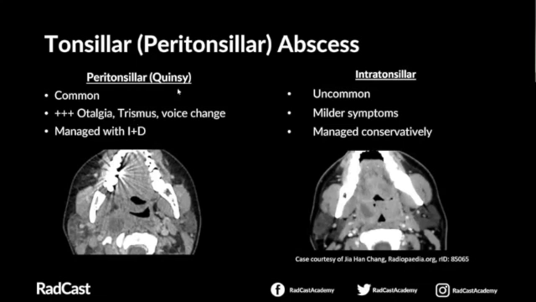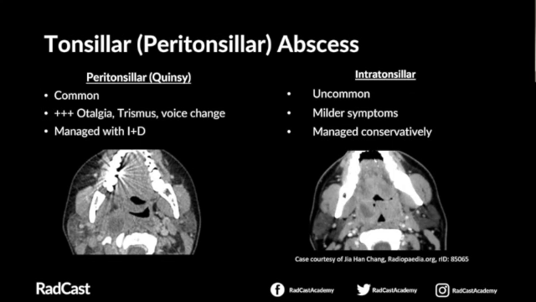Peritonsillar abscesses are the common ones, and they are a result of an abscess forming between the tonsillar capsule margin and the pharyngeal constrictor. I don't know if you can see my mouse, by the way. Hopefully you can. They develop in that space and displace the tonsil medially.